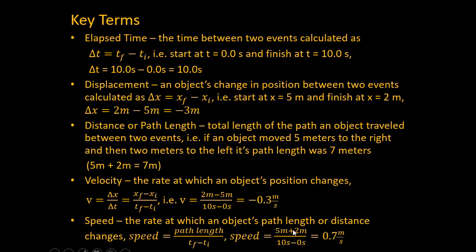So the path length was 7 meters, and it did that in a total of 10 seconds, our elapsed time, and if we do that division, we find that the speed is 0.7 meters per second. Notice that the speed will always be a positive number, so speed is associated with distance or path length, and velocity is associated with displacement.